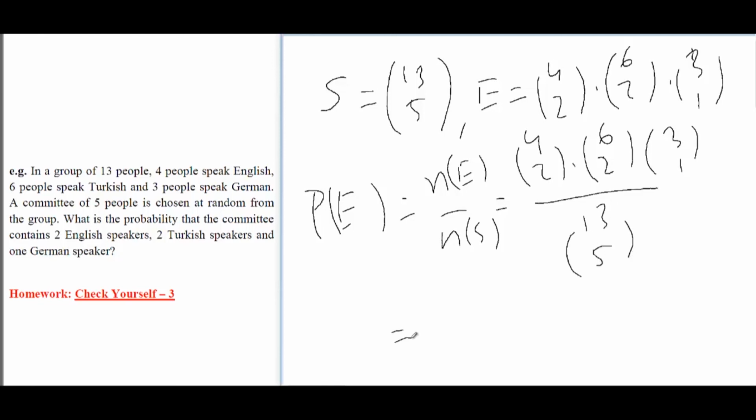If we calculate it, we get 30 over 143. So the probability of making a committee with 2 English speakers, 2 Turkish speakers and 1 German speaker is 30 over 143.